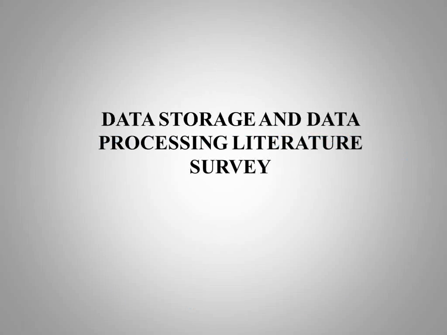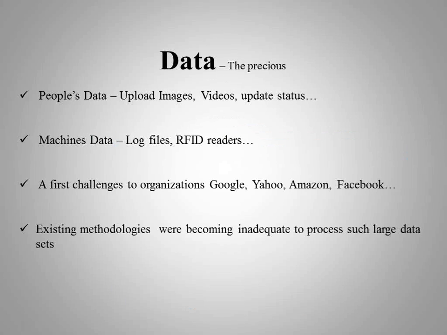So let me talk about the data storage and data processing literature survey. We know data is too precious, where I classified the data as people's data and machines' data. When I talk about people's data, we the people usually generate data from social networking sites, e-commerce, online shopping, online reservations, banking, and all the stuff.